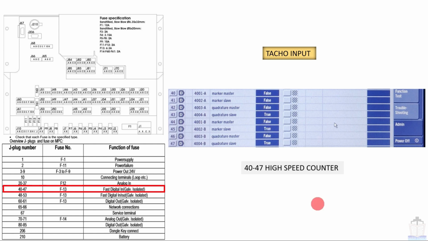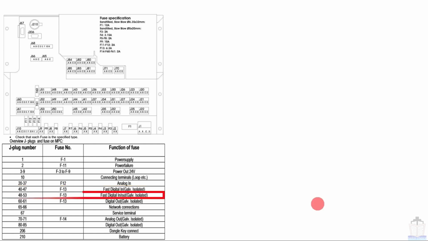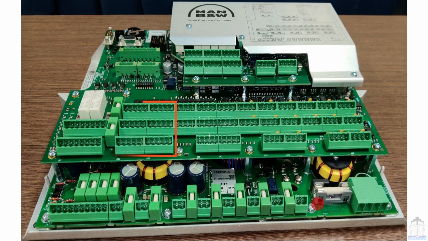Okay, so now we are moving to the next topic, that is fast digital in/out, which is related to channel number 48 to 53. These have a 5 pin configuration, and other channels have a 4 pin configuration. Some are having a 2 pin configuration. Only J10 has 10 pins.